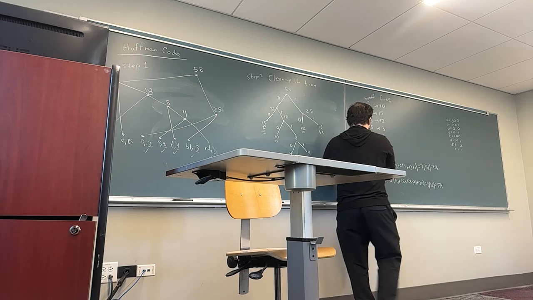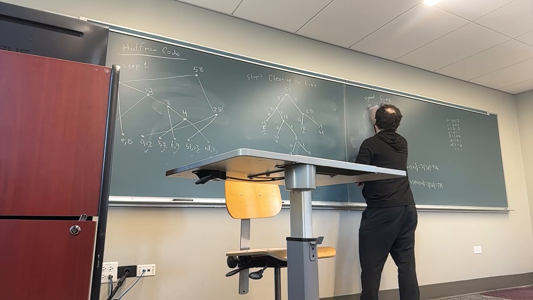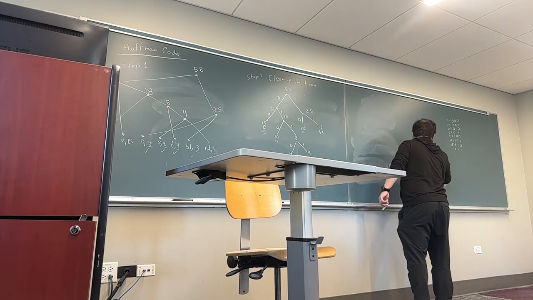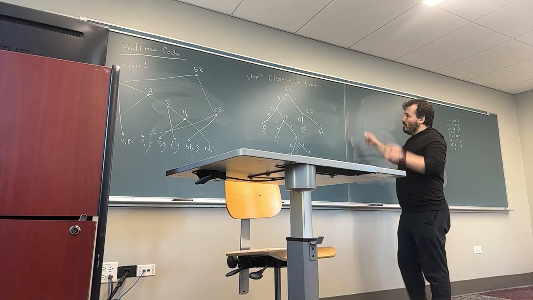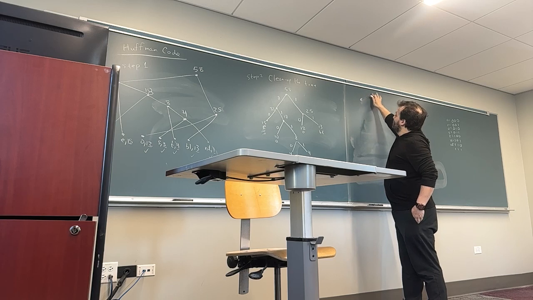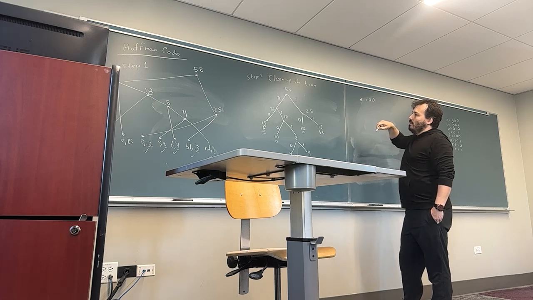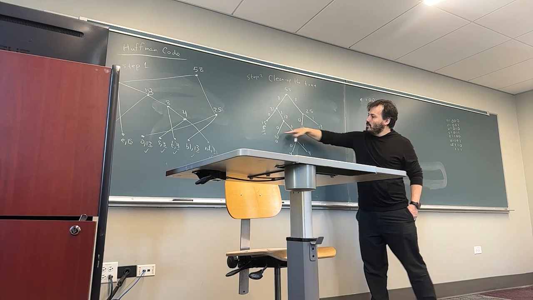Alright, so then the idea will be the letter E will be associated to 0, 0. A will be 0, 1, 0.